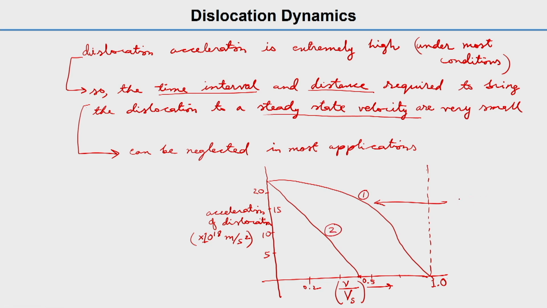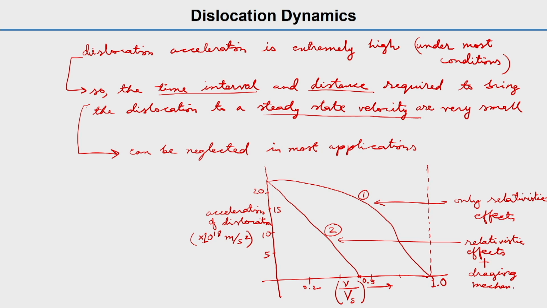The first one considers only relativistic effects, and the second one considers both relativistic effects plus damping, that is a dragging mechanism, or simply we can write this as damping.